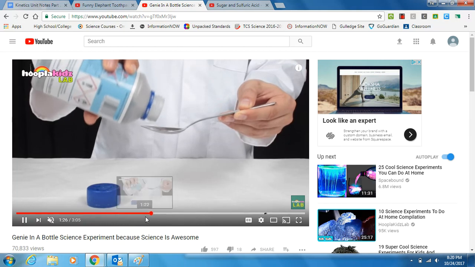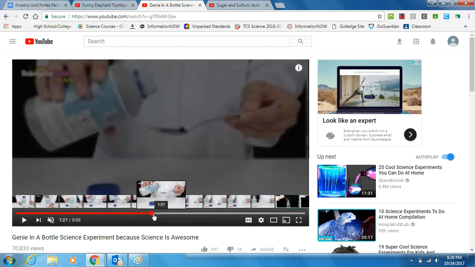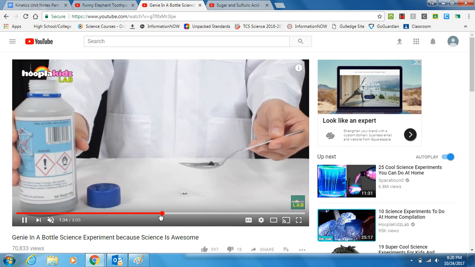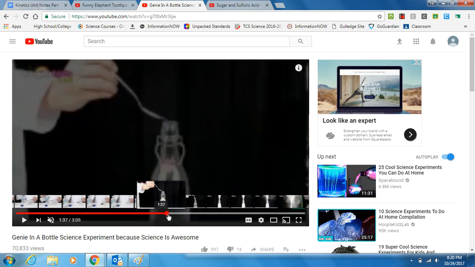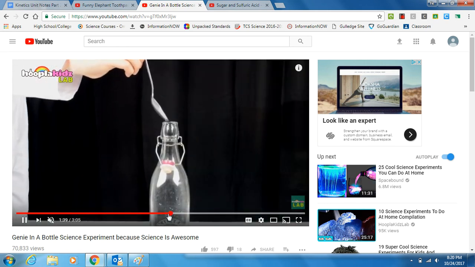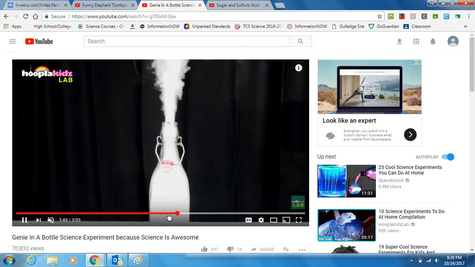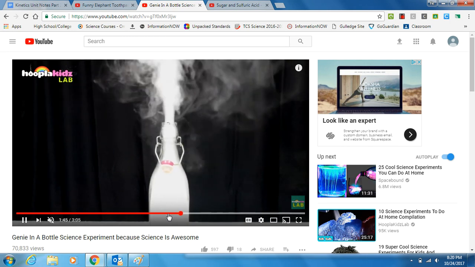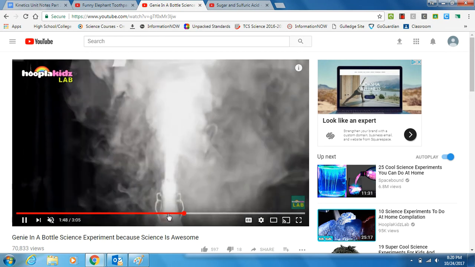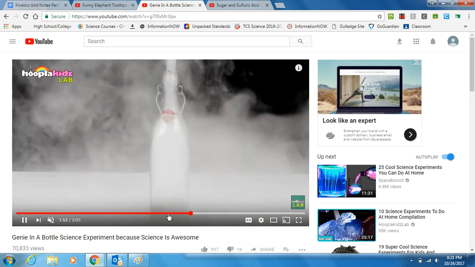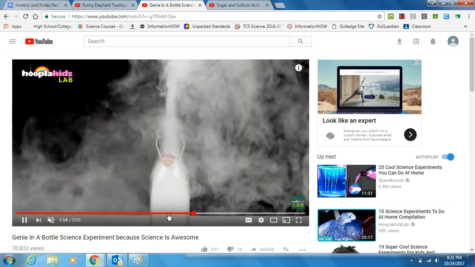Okay, poor dude. There you go. You see that solid? He's going to put it in here, and you're going to have a reaction. It looks like a Genie bottle, and it's pretty cool too. I will also do this demonstration one day in class for you guys. Just remind me. So that is a catalyzed reaction there as well.